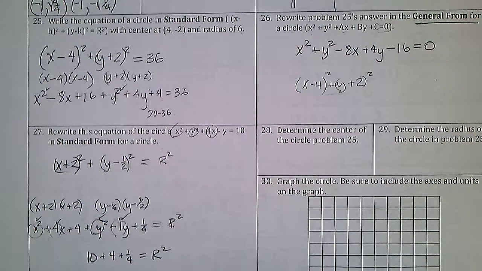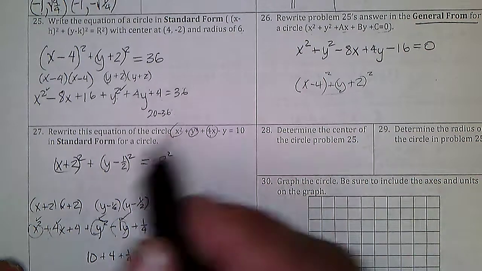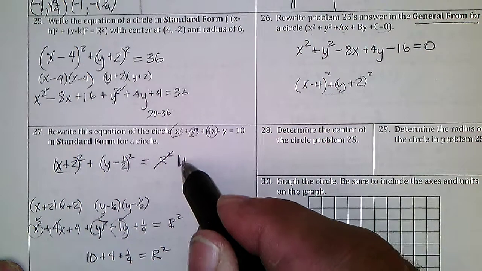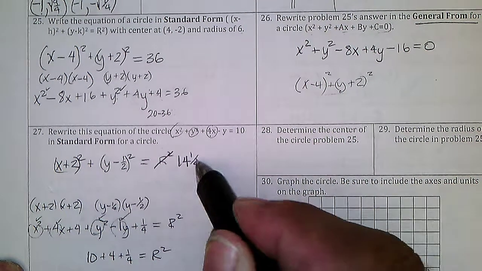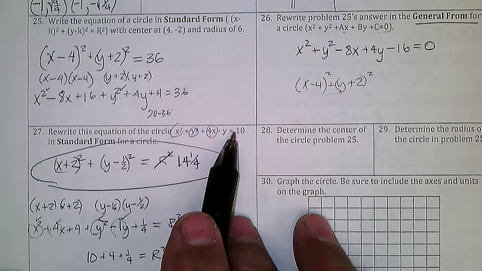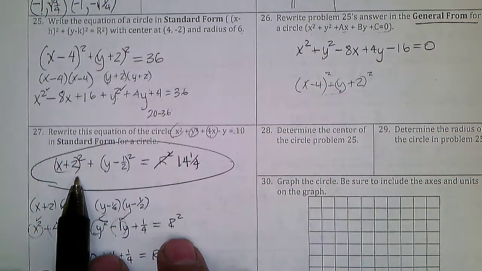So that's 14 1/4 is r squared. So now I can finish writing the equation. Replace this with 14 1/4. And now I've written this general form of the equation of the circle in standard form.